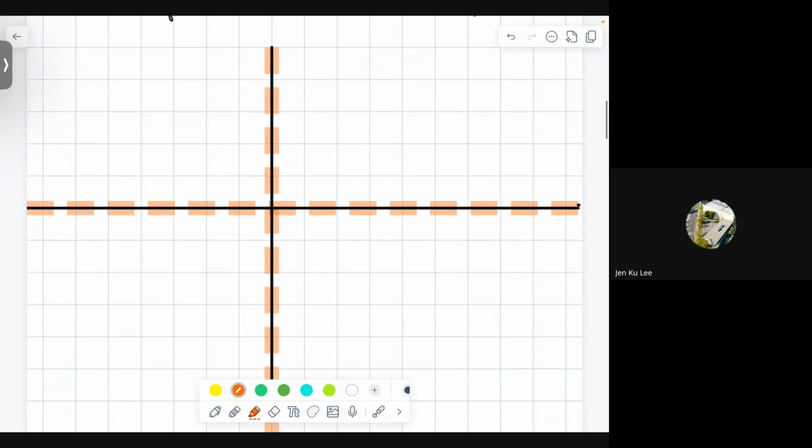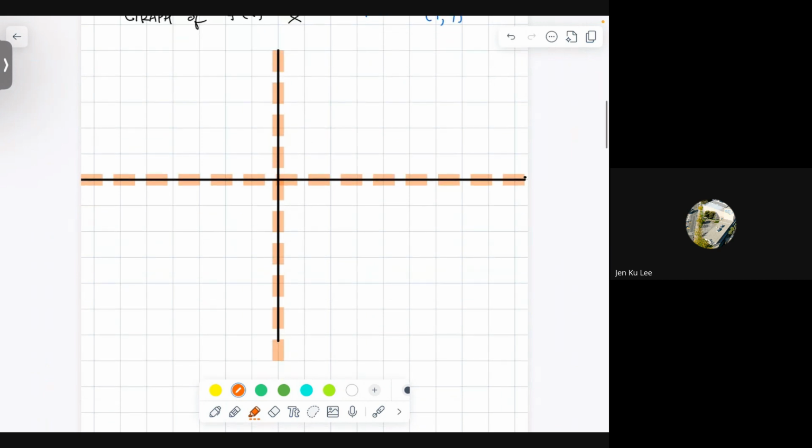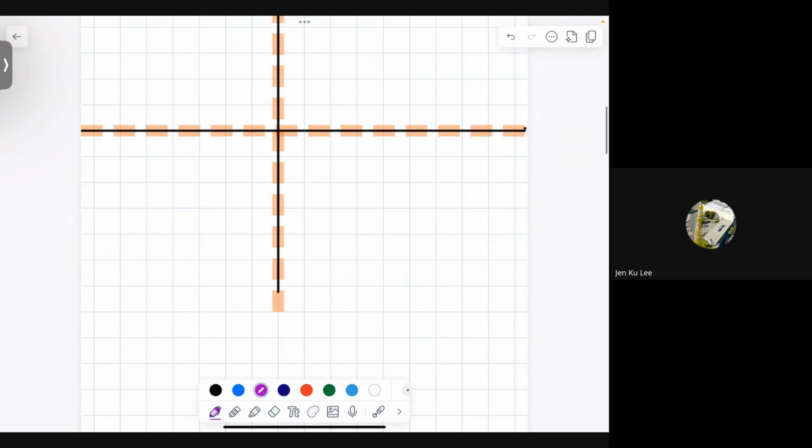Okay, so I'm gonna back this out. So let's label those two lines. My vertical line will always be x equals whatever number that line is on. Okay? And my horizontal line will always be y equals whatever that line is on.